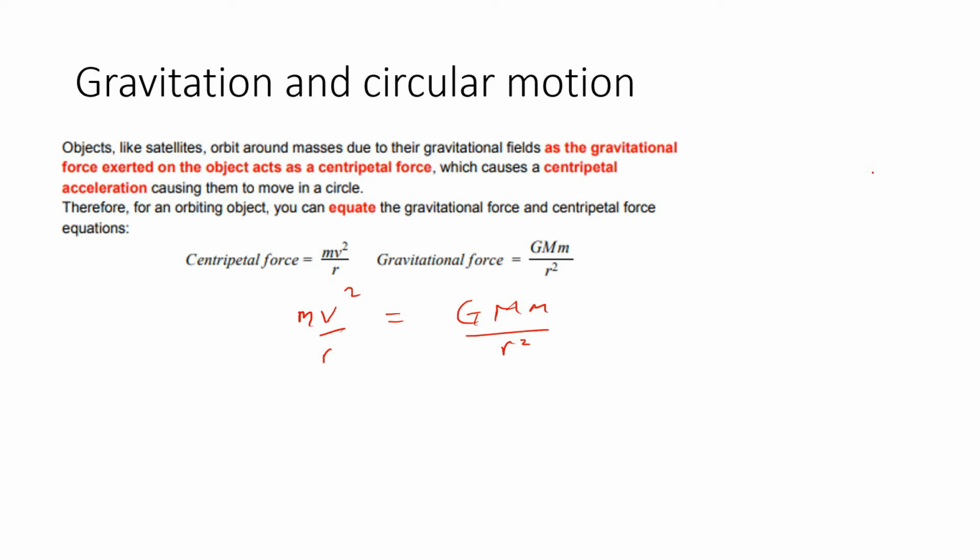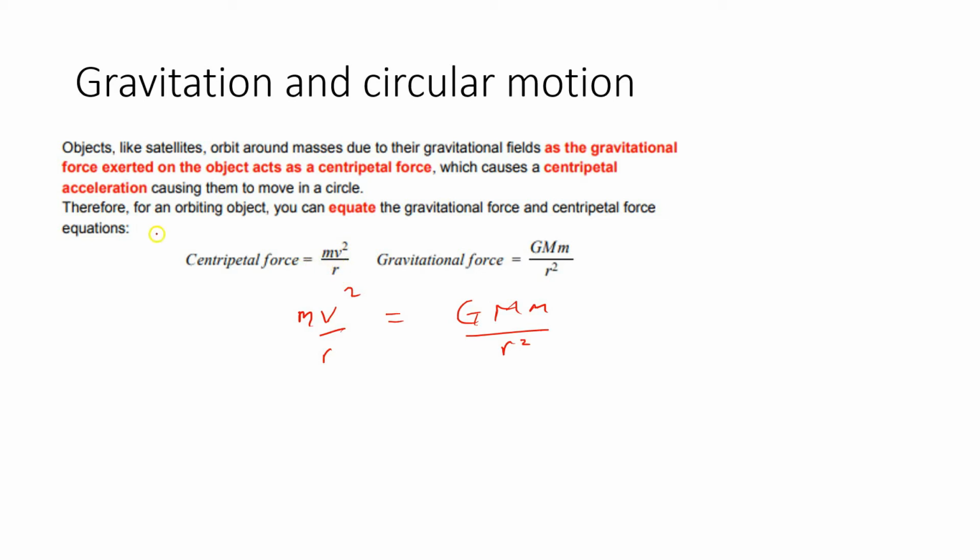Therefore, for an orbiting object, you can equate the gravitational force and the centripetal equations together, where we know that the centripetal force is equal to the mass times the linear velocity squared divided by r, where r is the distance of separation.